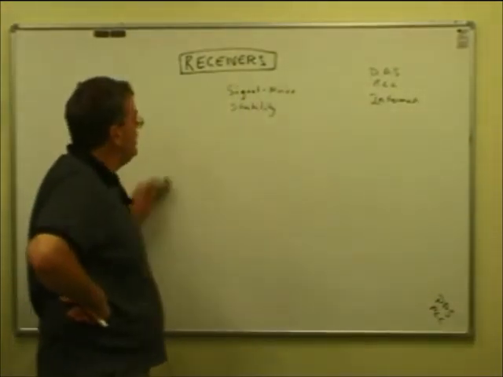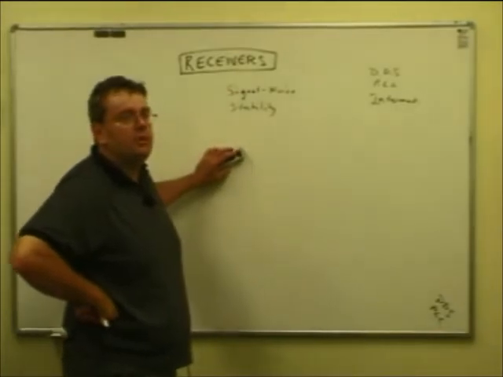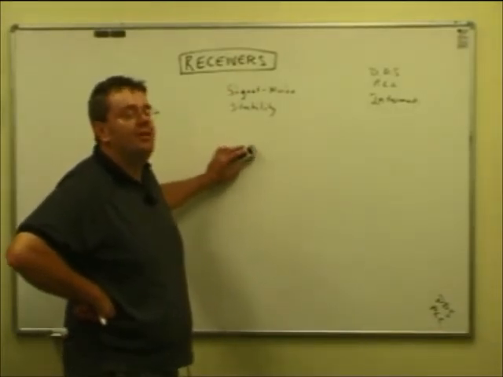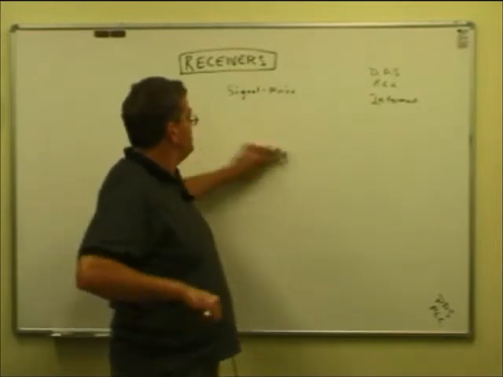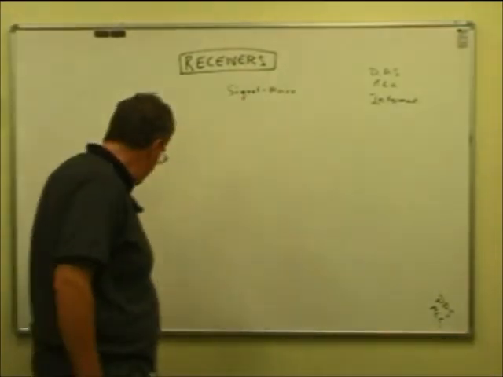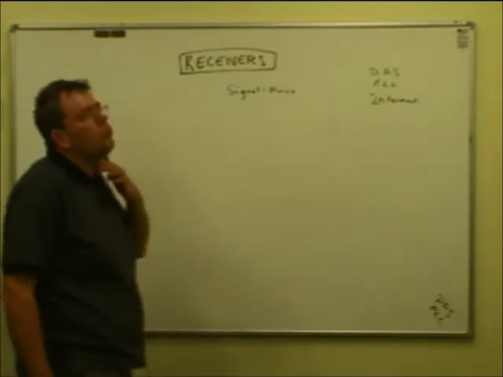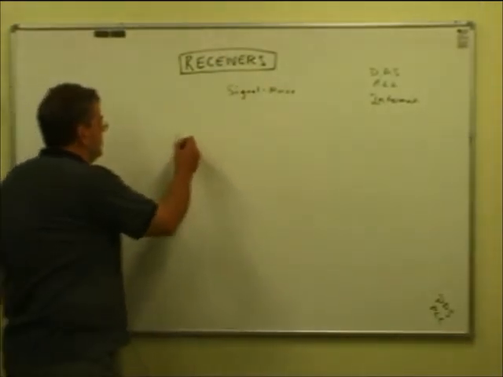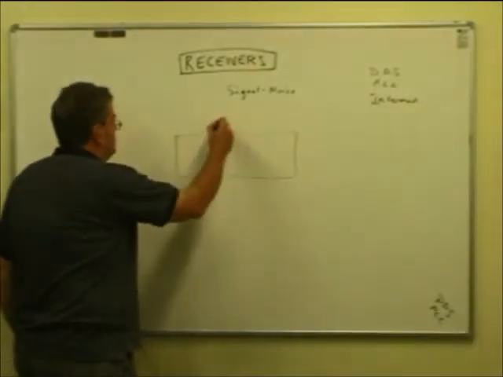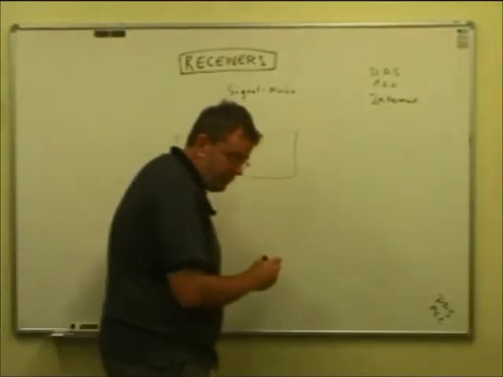Signal to noise. Now it's often called signal plus noise to noise ratio, but we'll just call it signal to noise ratio in receivers, and that's covered in the examination. When we've got a signal arriving, here's our receiver. RX is often a symbol for receiver.